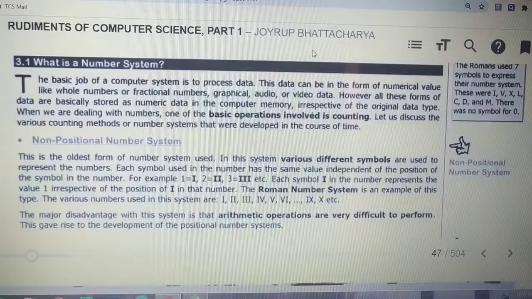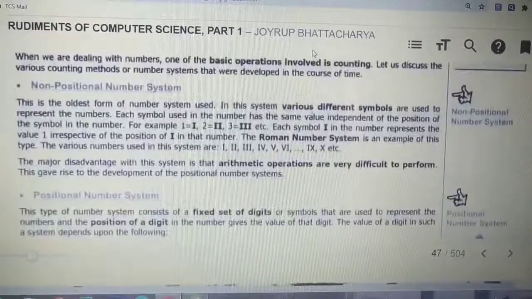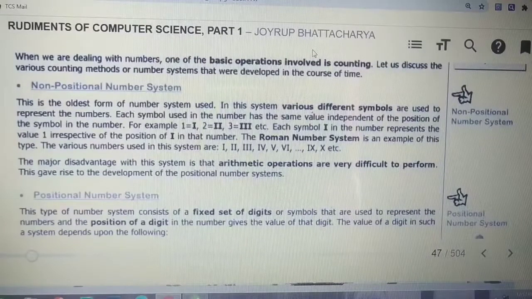The first one is the non-positional and the other one is the positional. First we will learn about the non-positional number system. The non-positional number system is the oldest form of number system. In this system, various symbols are used to represent numbers.